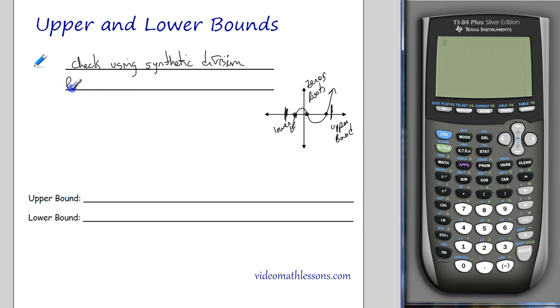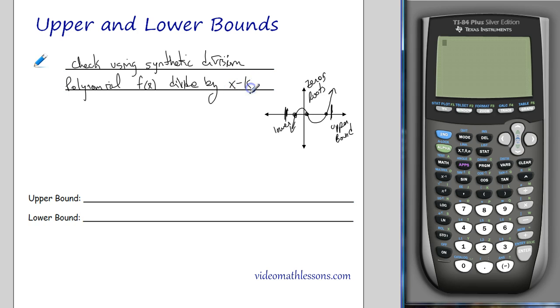We have some polynomial, and I'm just going to call it f of x, and we're going to divide by x minus k.